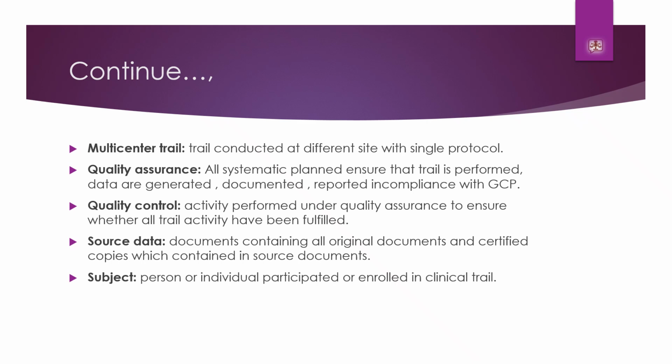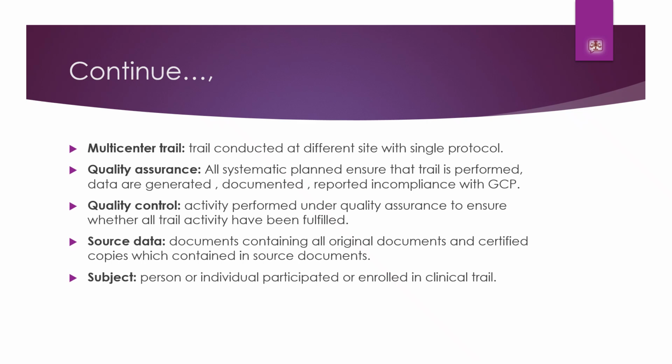So the next one is quality control. Activities performed under quality assurance to ensure whether all trial activities have been fulfilled. So quality control is the activities done under supervision of quality assurance people in order to check whether any specific trial task has been performed correctly or not.